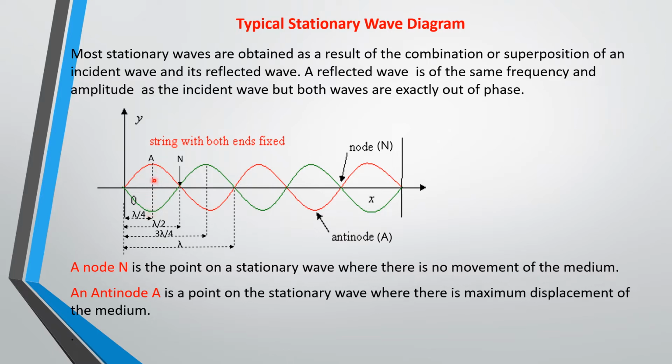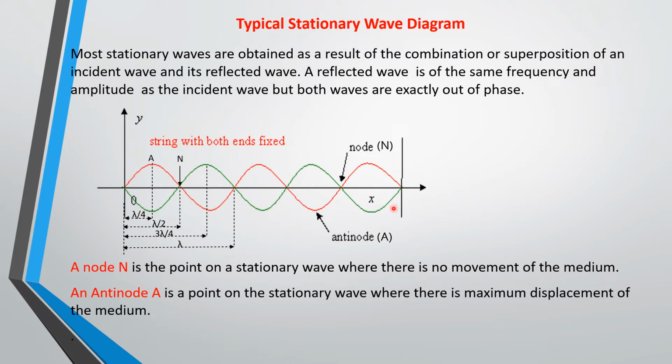We already know that this is normally called the amplitude of the wave, the point of maximum displacement. So this is a typical diagram of a stationary wave.